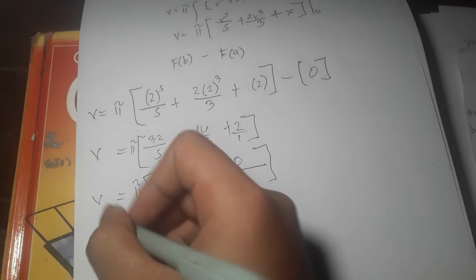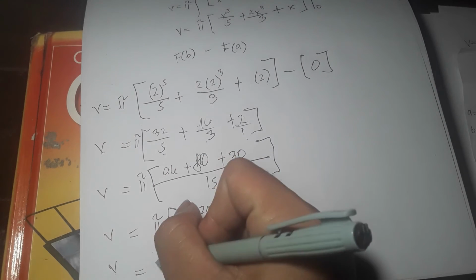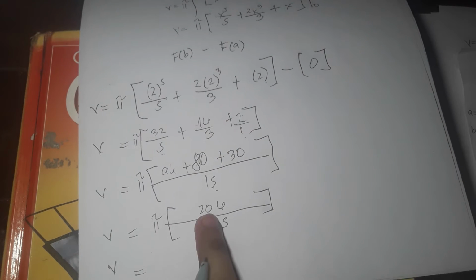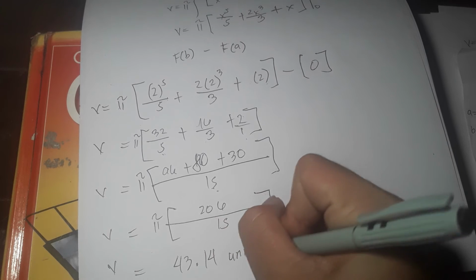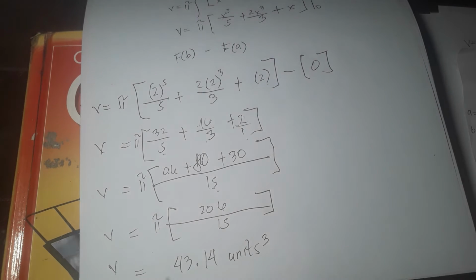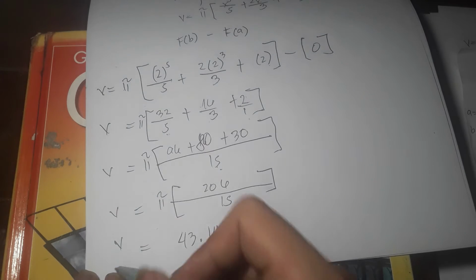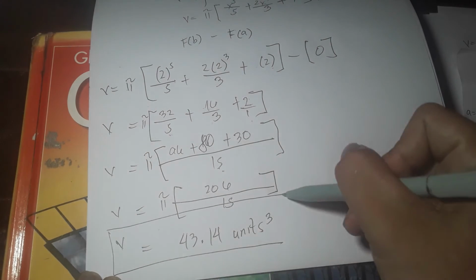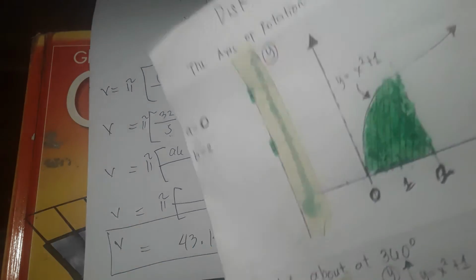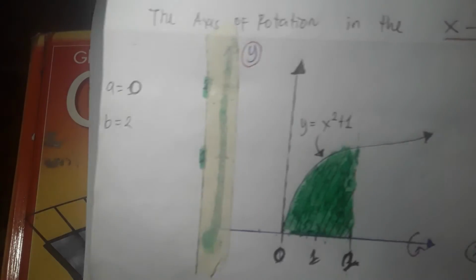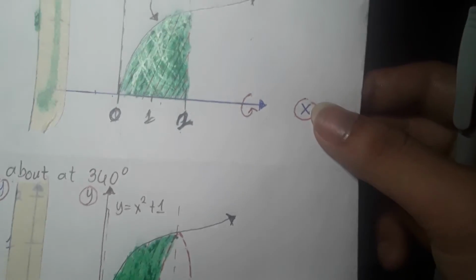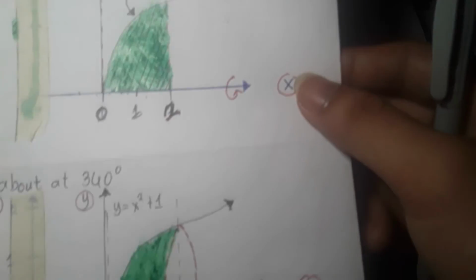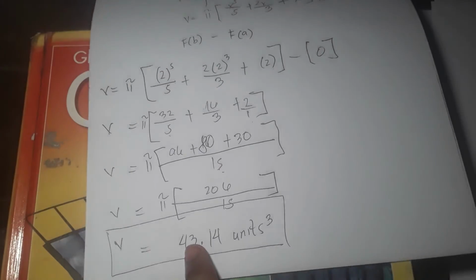So V, which is pi times 206 over 15, is equal to 43.14 units cube. So this would be the volume of this figure, where the axis of rotation is the x-axis. So here, 43.14.